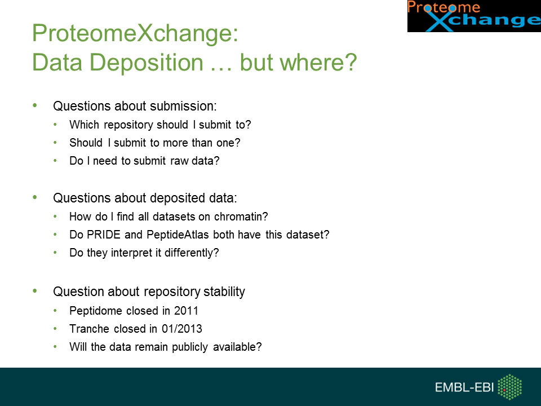Should I submit to all of them? What kind of data do I need to submit? The raw data only, the processed data or results only, the metadata? And then there are questions about the deposited data. How do I find all data sets on chromatin? Do PRIDE and PeptideAtlas, two of the databases, both have this data set? Do they interpret it differently?